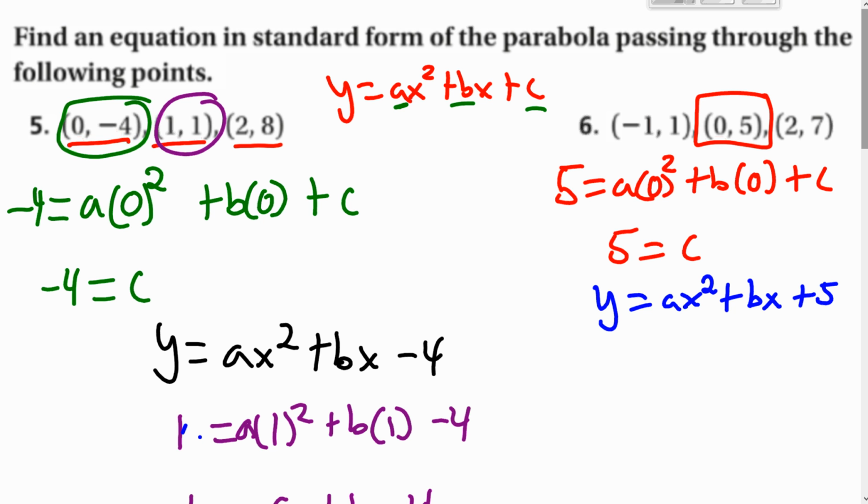Now I can plug in a second point. Here, maybe negative 1. Negative 1's fine. Negative 1, 1, so my y is 1 this time. My x is negative 1. Negative 1 squared is still 1. 1 times a is a. B times my x, which is negative 1, is a negative b, and then plus 5 for that c.